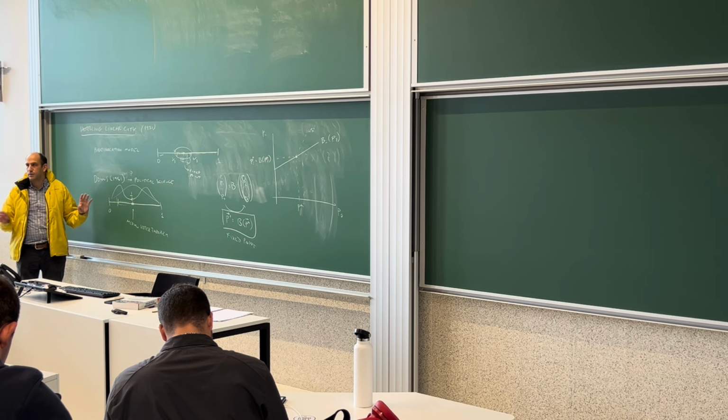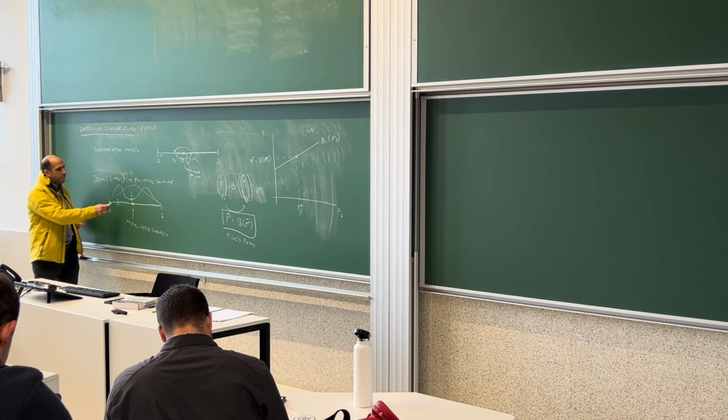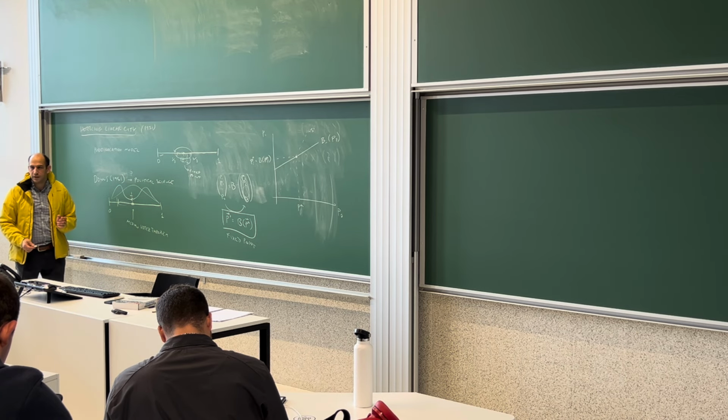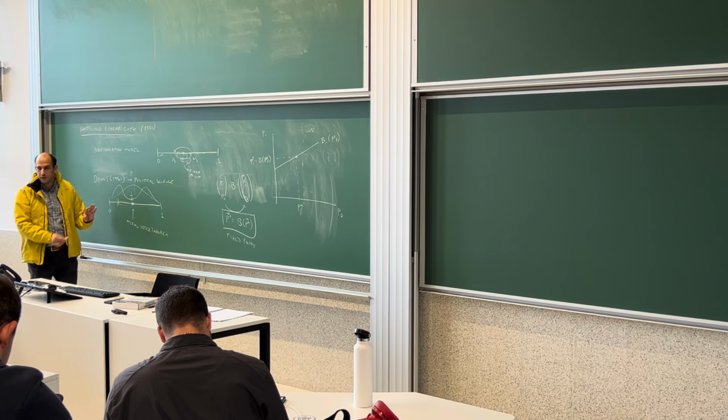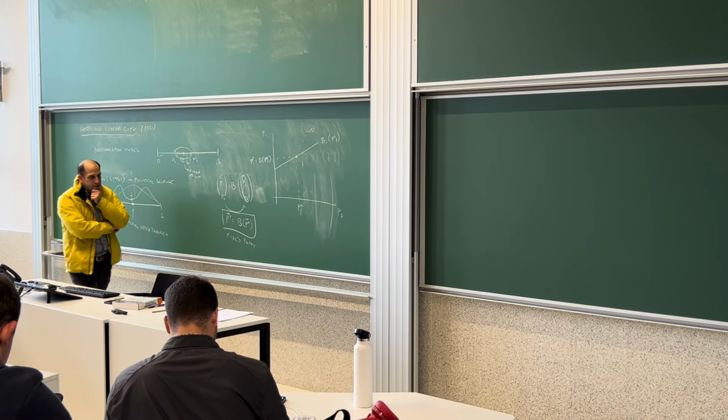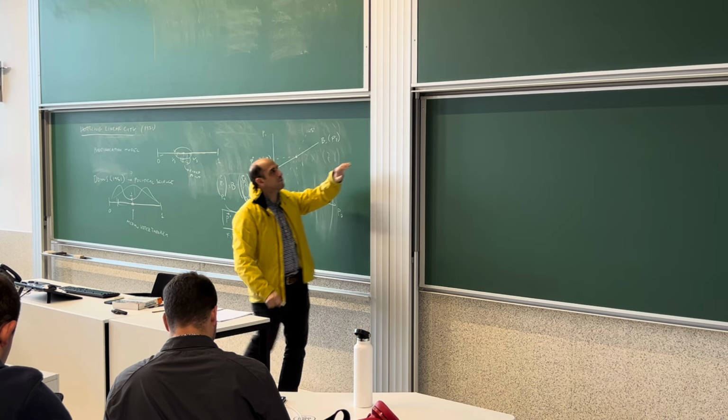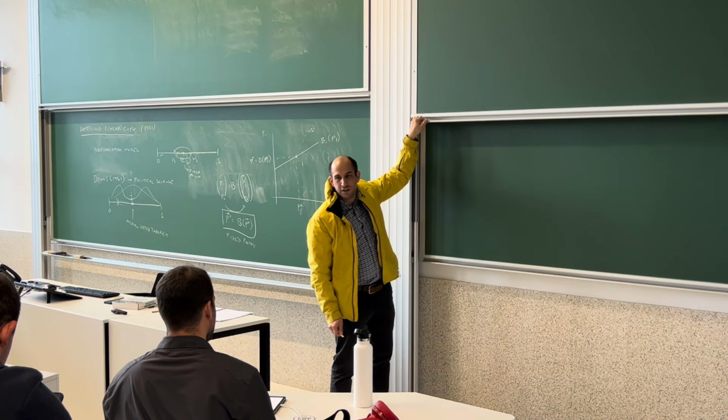You could get something else. You could have one party here, one party here. But if they're single peaked, then they're going to want to go to the median of the distribution. In the uniform, the median is at 1/2, because it's symmetrical.